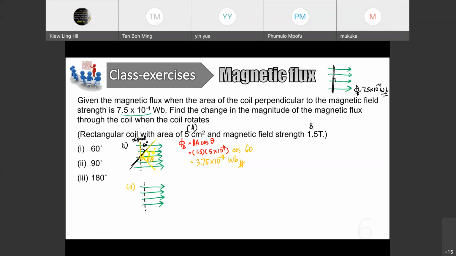So this is your new position of coil X. So what is your magnetic flux? I would like you to try with the method that I used just now. You try it for question 2 and 3. And once you are done, you can type your answer in the chat.